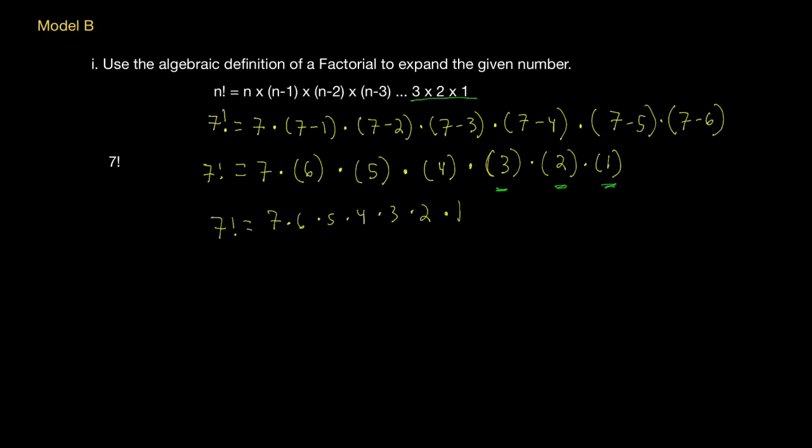So here let's apply the more straightforward version. If we expand 13 factorial, I'm going to begin with 13 and multiply all whole numbers down to 1. So times 12 times 11 times 10 times 9 times 8 times 7 times 6 times 5 times 4 times 3 times 2 times 1. And this is the expansion of 13 factorial.